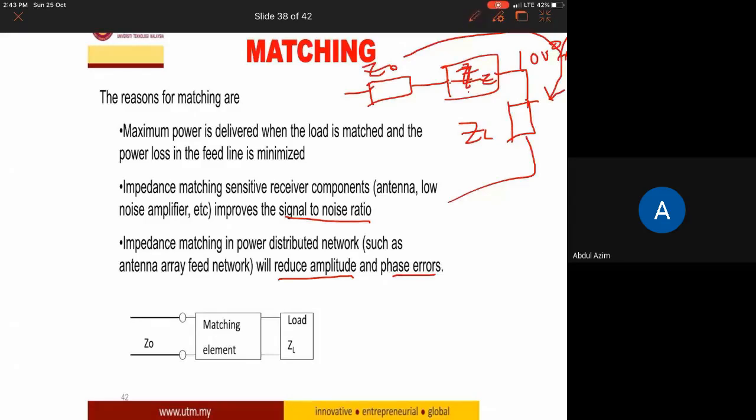So this is the first technique of matching using the lumped element, where you decide whether to use parallel first, then series, or series first, then parallel. There are two questions in the assignment.